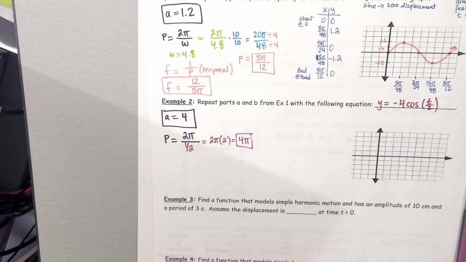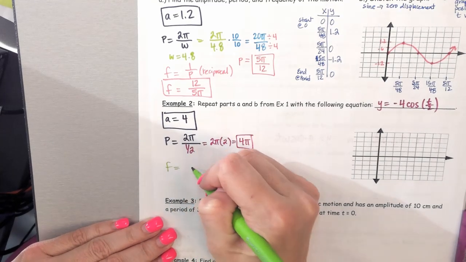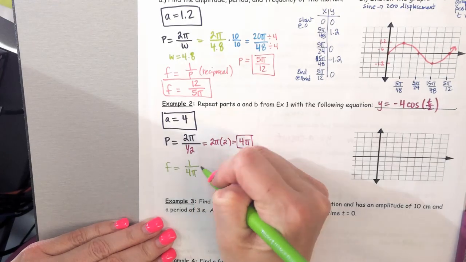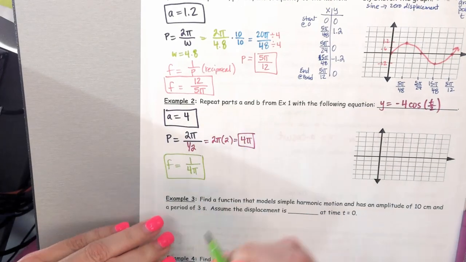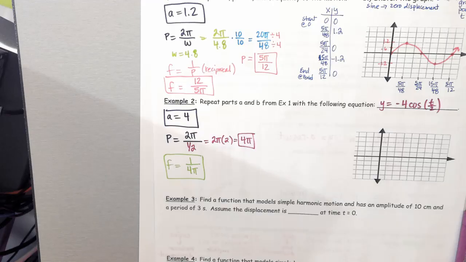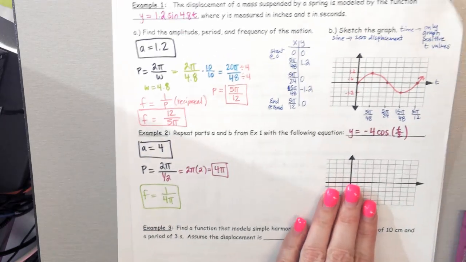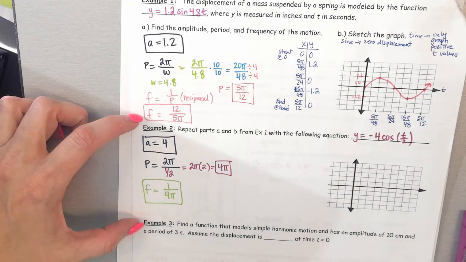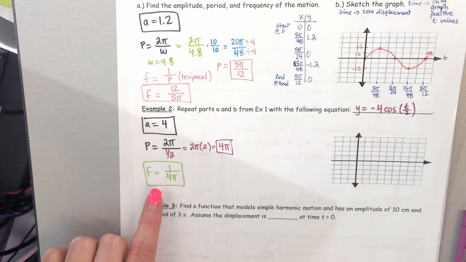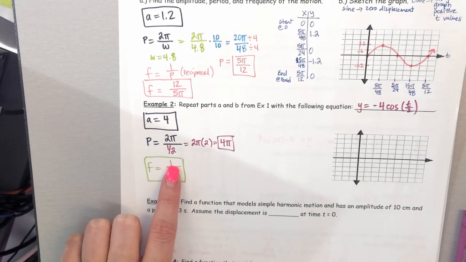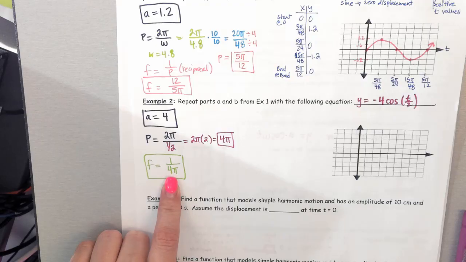Okay, and then just like we did before, your frequency is the reciprocal. So if you have 4 pi, your frequency is just 1 over 4 pi. Now the frequency isn't something that you need to create the graph, but it is helpful to understand what it means. So the frequency means that you have 1 wave every 4 pi.